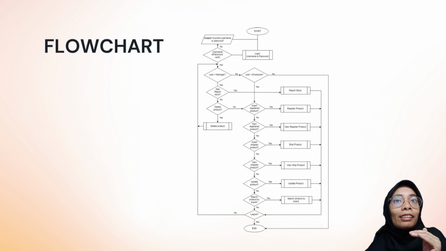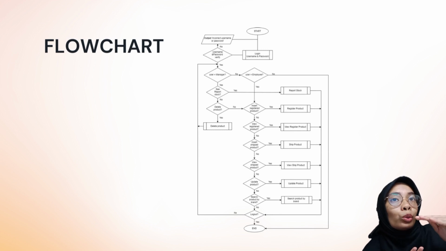If yes, then they can proceed with the options, and there are a lot of options there. You could see if the manager wants to report stock, then yes, they can see the process of report stock.